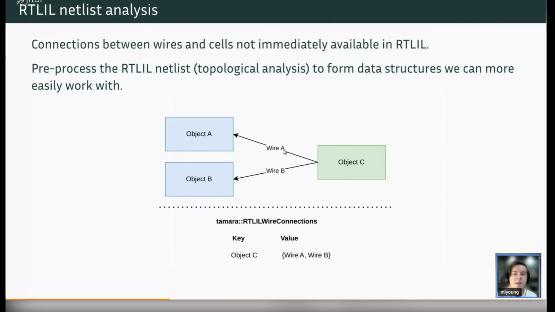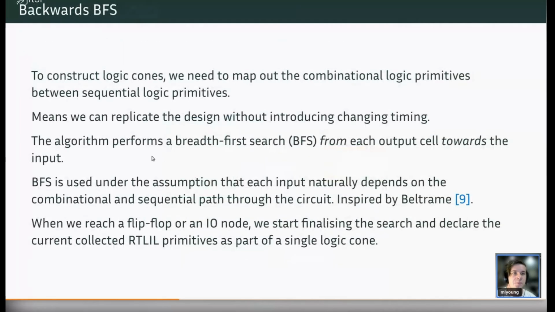I perform what you could call a bit of budget topological analysis to form data structures that we can more easily work with. In this case, I have an RTL-IL wire connections struct that maps between, say, an object and two other objects or n other objects.